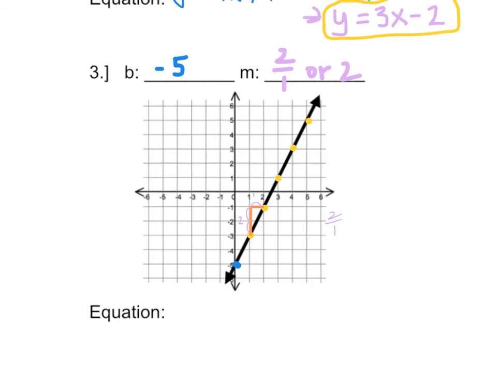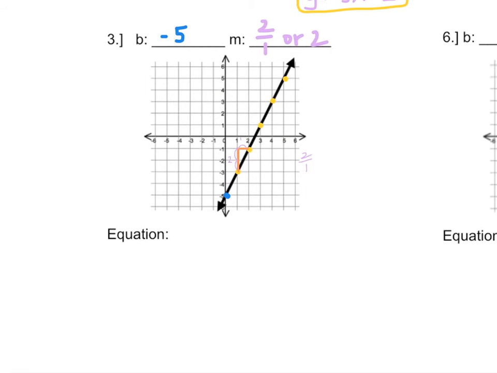All right, let's write our equation. Our equation is y equals mx plus b. And now let's substitute in: y equals, our m is 2, or 2 over 1, x plus a -5.